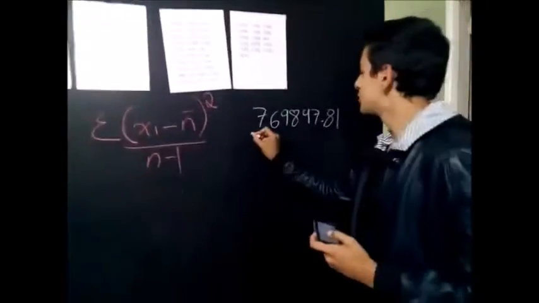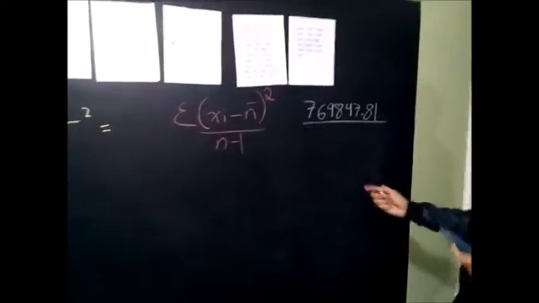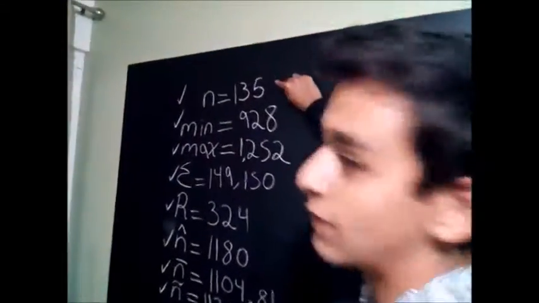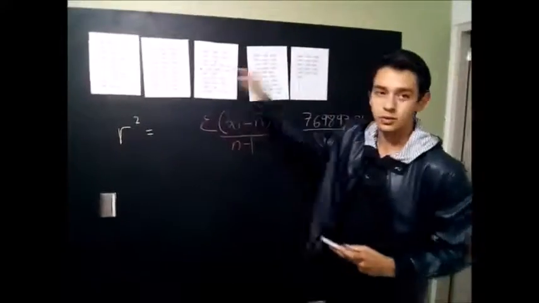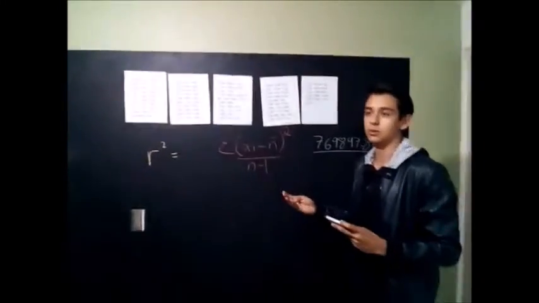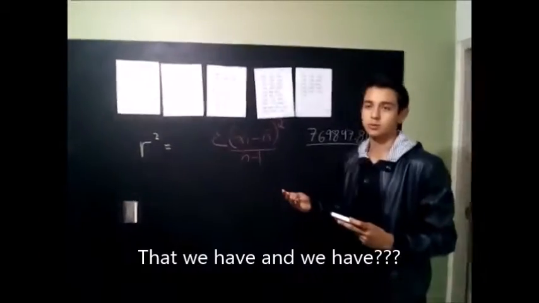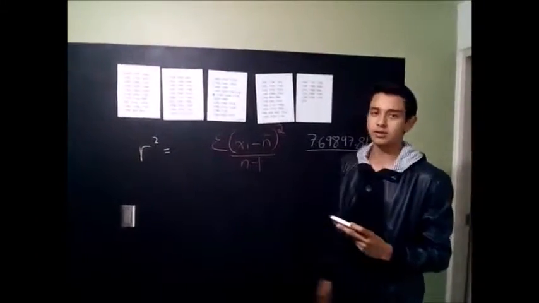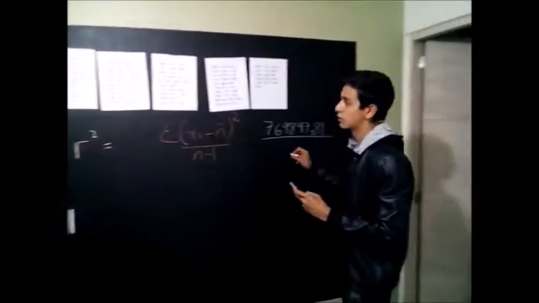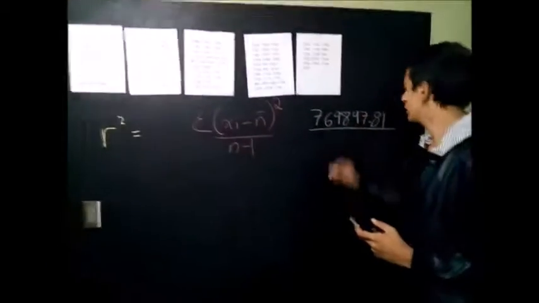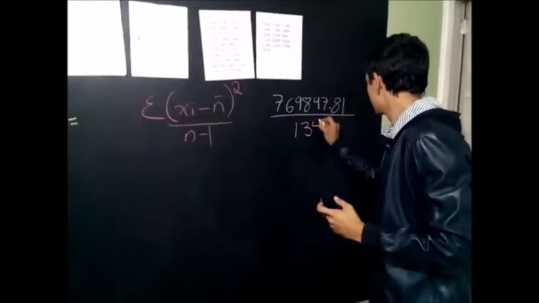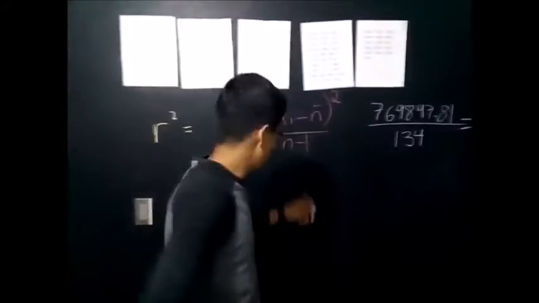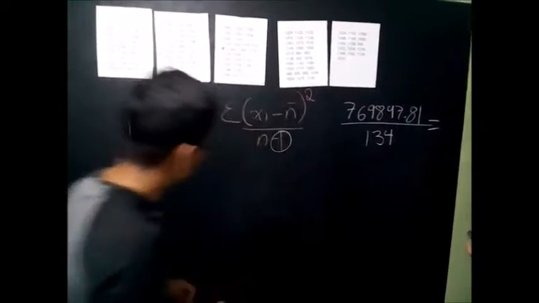Now, we have to divide by n minus 1. We have to remember that n has a value of 135, which is the total of all the numbers that we have, and we are working with the sample. So 135 minus 1 is 134. Please remember, students, this is very important.